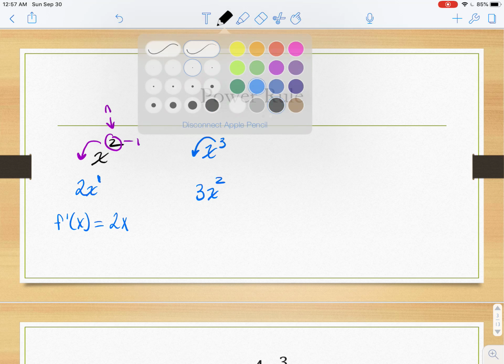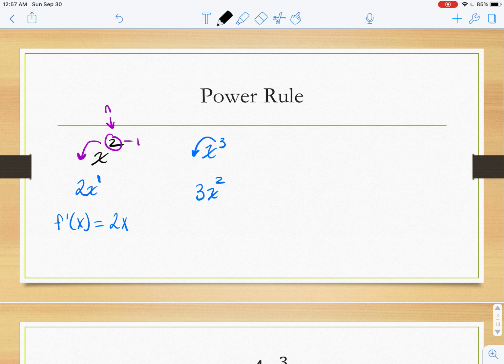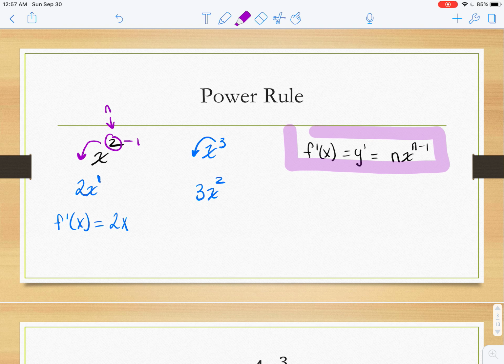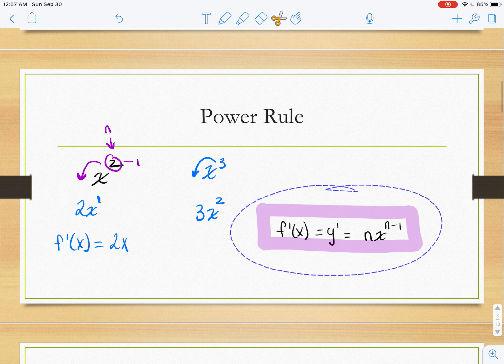A way we can write the power rule is: f prime of x, which is equal to y prime, the derivative, is equal to n times x to the n minus 1, with the n as the coefficient. This is the key rule to know when doing the power rule in all derivatives.